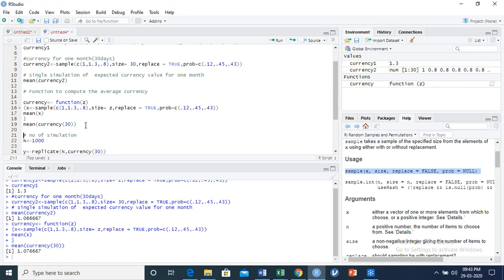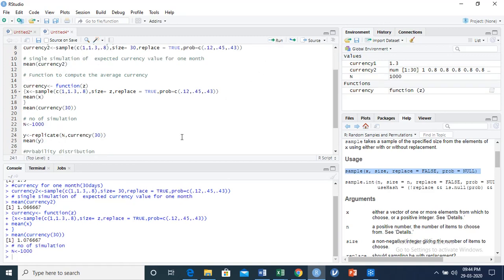Now we simulate this 1000 times. That's why we write n equal to 1000. This is the number of simulations, and you can change it any time. Next, we find the expected value of the currency after running the simulation 1000 times. So we write the function y, replicate with n the number of simulations and the function currency, and run this.